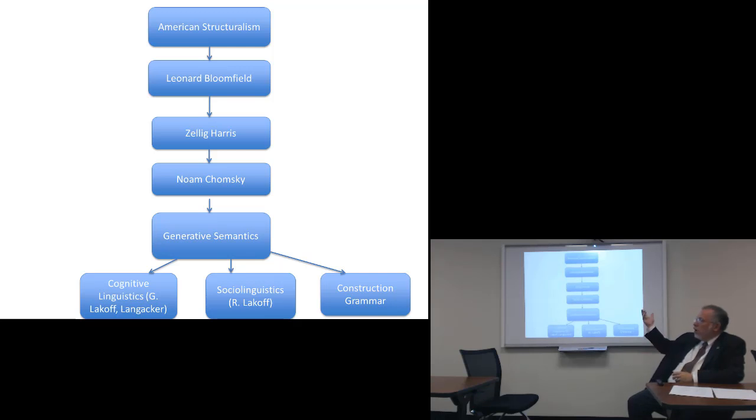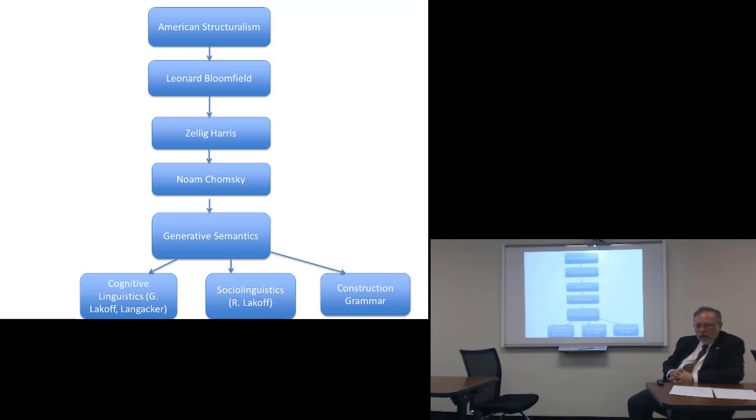Okay? So then the idea is that you look at language as verbal behavior, not as, oh, I think of something, I want to say something. No, it's a habit. Language is a form of habit rather than a reaction of the mind. So Bloomfield wrote this book called Language.